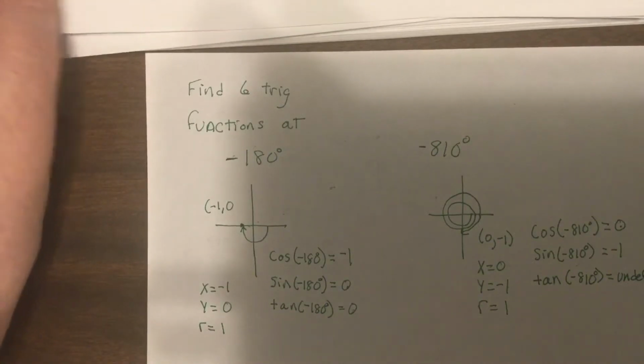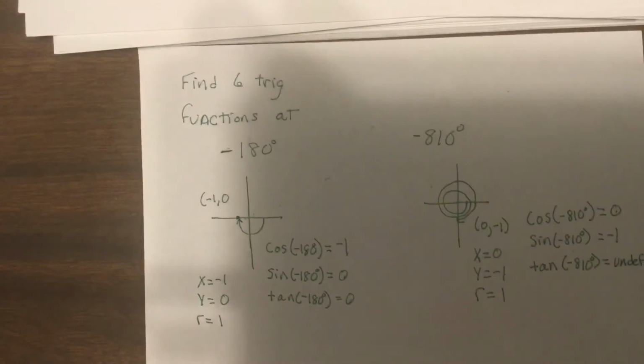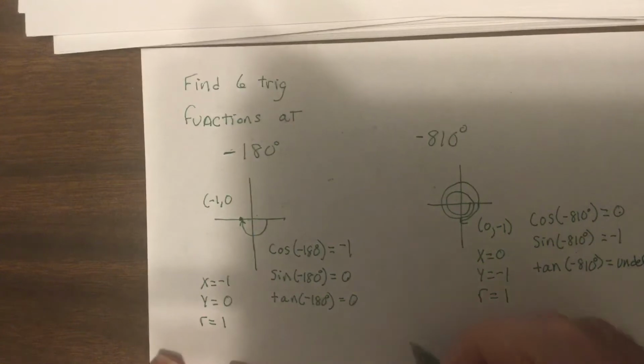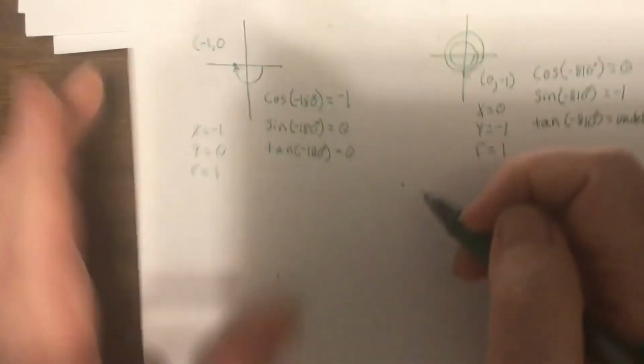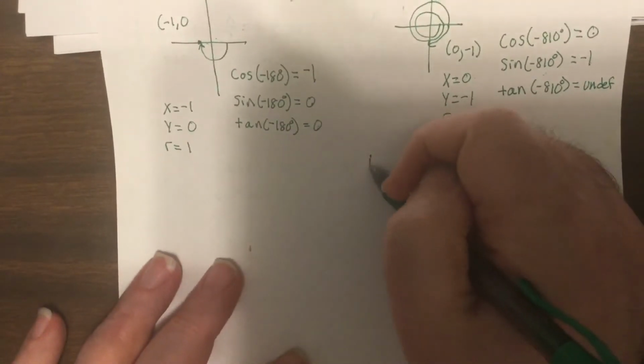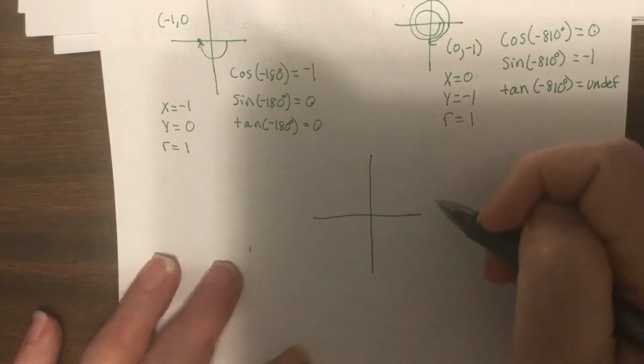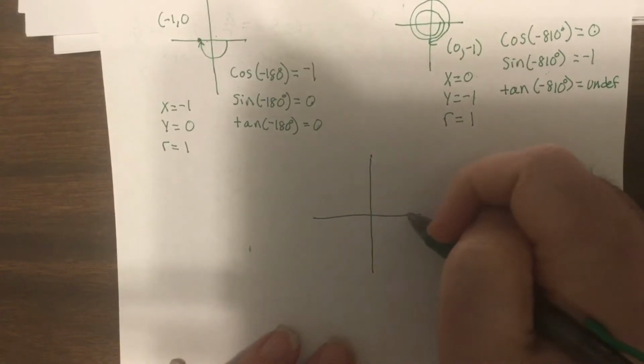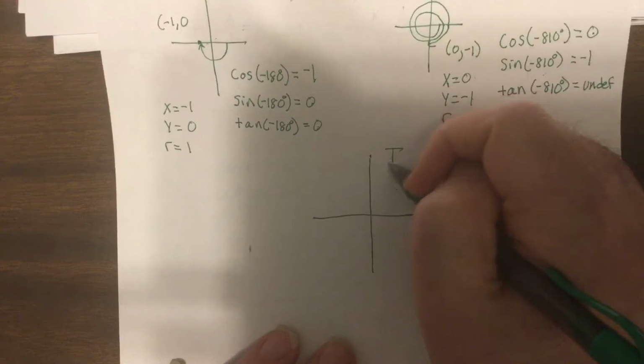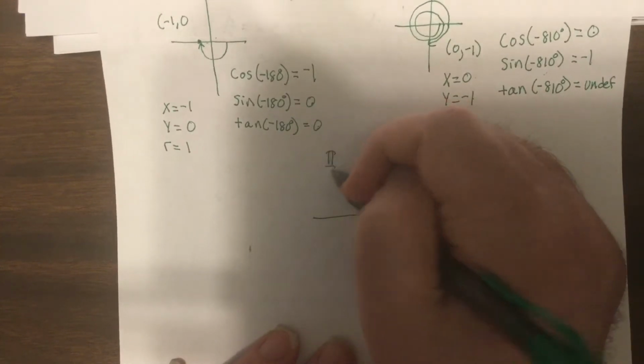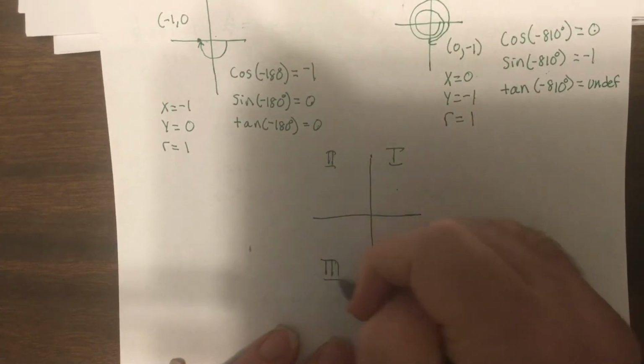Now, where are the trig functions positive and negative in the Cartesian coordinate system? Here, let's do this. Got some more room. So here's the Cartesian coordinate system. Notice this is the first quadrant, of course, this is second, this is third, this is fourth.